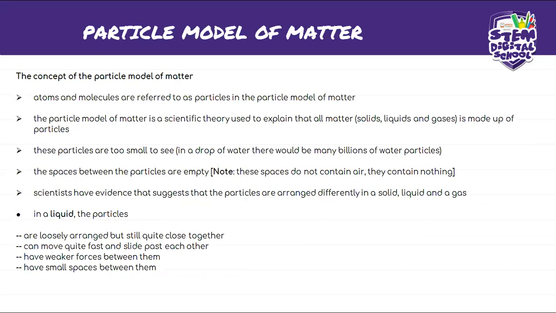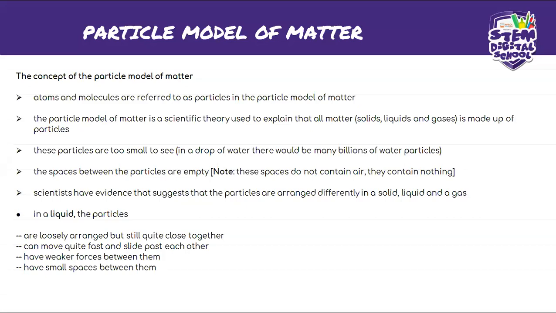What does the particle model of matter say in general? It says that atoms and molecules are referred to as particles in the particle model of matter. So take note. The particle model of matter is a scientific theory used to explain that all matter, that is solids, liquids, and gases, is made up of particles.